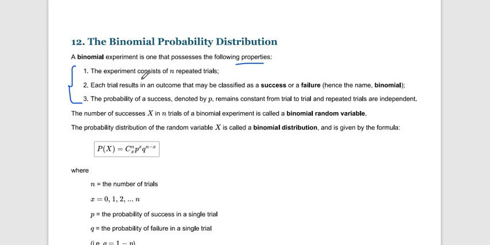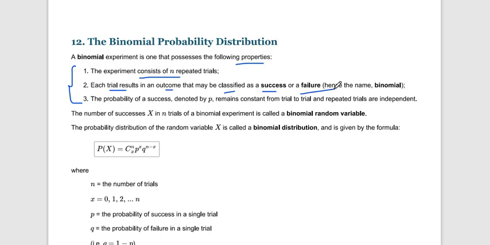The experiment consists of n repeated trials. It's not working on only one trial; it has to consist of n, a number of repeated trials. Each trial results in an outcome that may be classified as a success or failure.